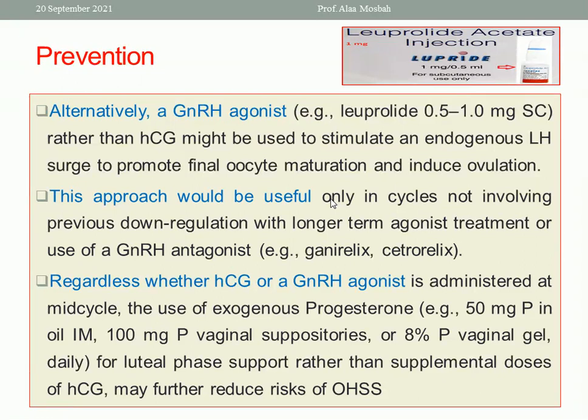Okay? Regardless of whether HCG or GnRH agonist is administered at mid-cycle, the use of exogenous progesterone, 50 milligram intramuscular, or 100 milligram progesterone vaginal suppository, or 8% progesterone vaginal gel daily for luteal phase support, is much better than giving supplemental doses of HCG and reduces the risk of ovarian hyperstimulation syndrome.